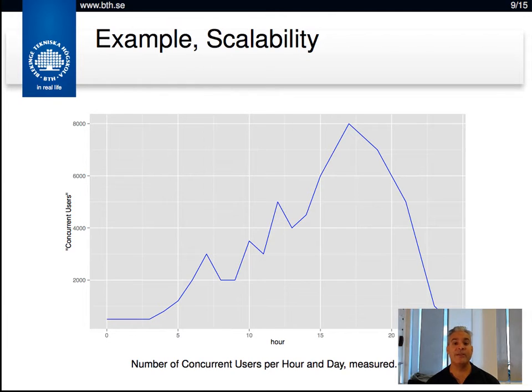So when you look at the quality attributes, you need to look at them both in a long term, over a couple of months or a couple of years, and also in the short time, over 1 day. Because maybe you need to have resources that are available during those particular peak hours, in this case between 3 and 8 in the afternoon. You're going to need more servers than during the rest of the day, about twice as many, according to this.